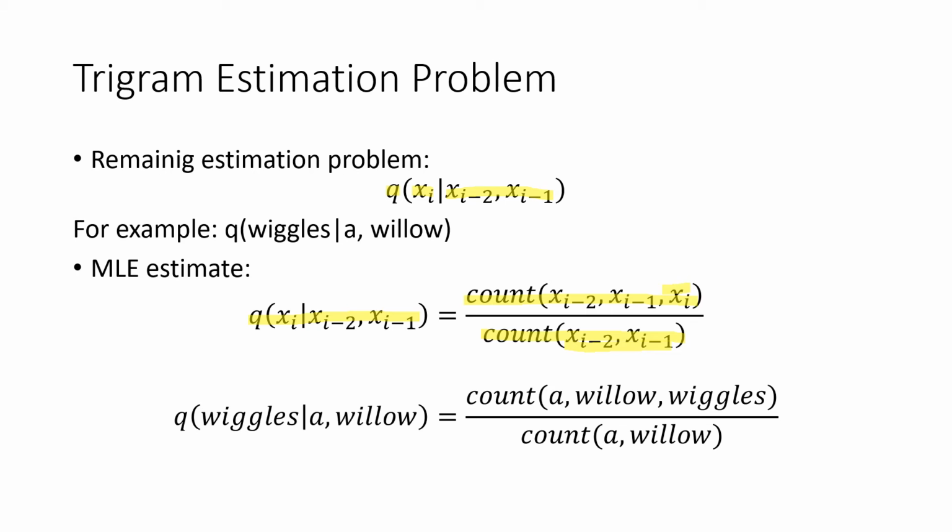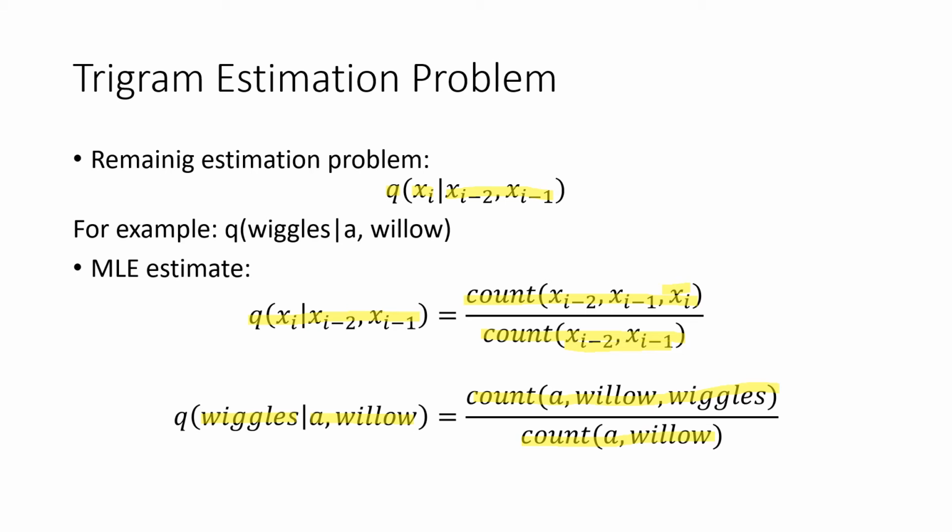To see a concrete example, for the sequence of words a willow wiggles, if we want to calculate the probability of the word wiggles given the two previous words, a willow, then we count the number of trigrams that occurred in our data set divided by the number of this bigram.